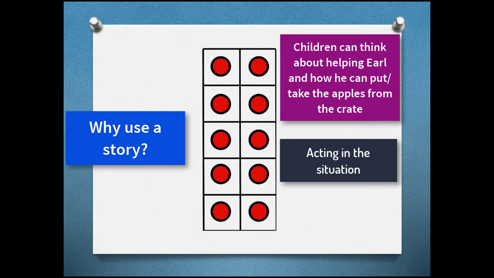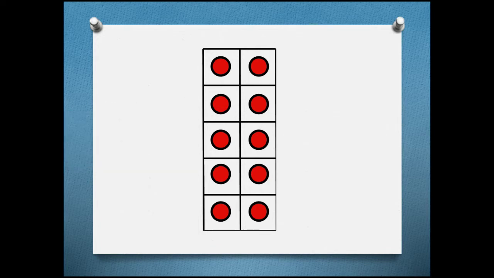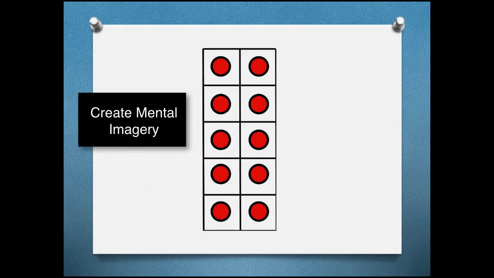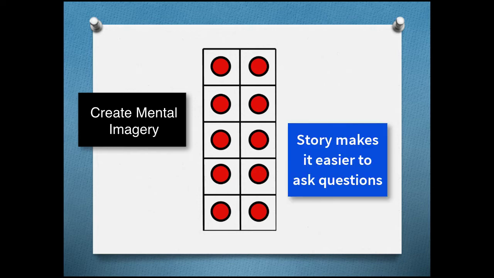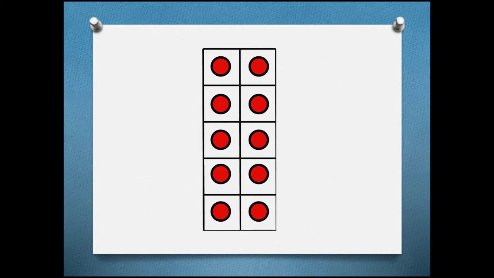And the purpose of the 10 frame is going to be to try to create mental imagery so they can use their imagination of their acting to play into the mental imagery they're going to develop. Now there's another purpose for using the story, and that is it's going to make it a lot easier to ask questions.